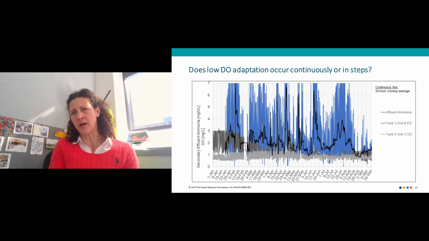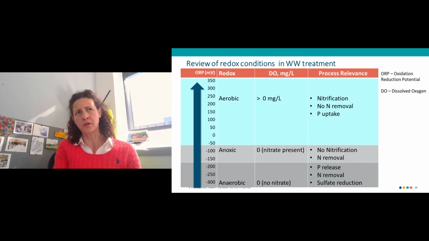But once we had the biology exposed for an extended amount of time to very low DO conditions, at that point we were with a 50th percentile at about 0.7 milligrams per liter. And we just slightly increased the DO. Ammonia essentially disappeared. And the peaks that the plant has always observed in the past suddenly vanished. So this indicates that there are boundaries or redox conditions in low DO operation that actually trigger the biology to a shift in performance. We'll talk more about that later.